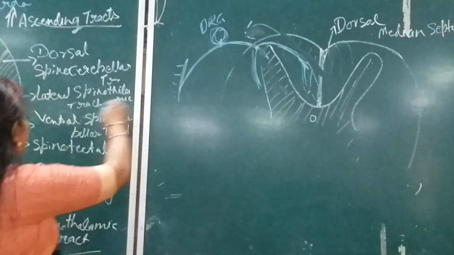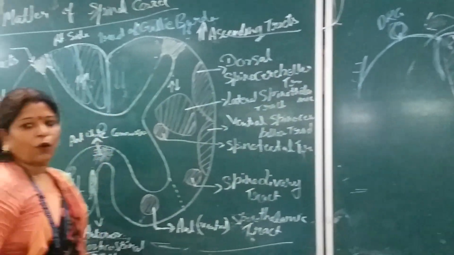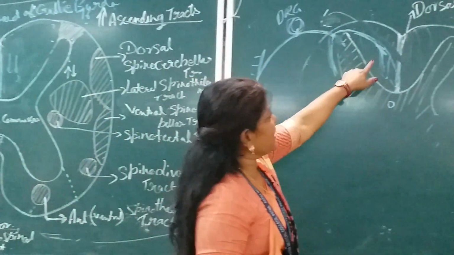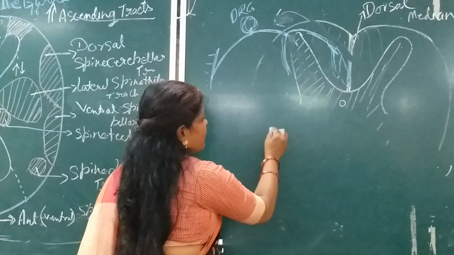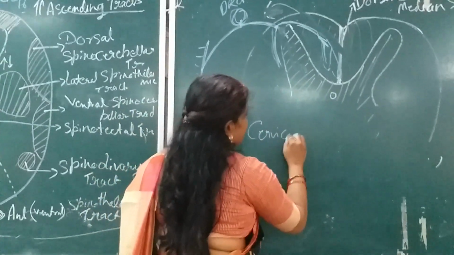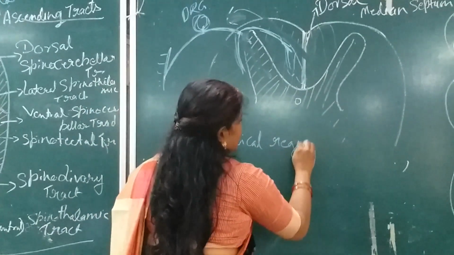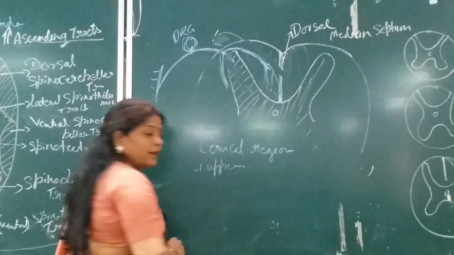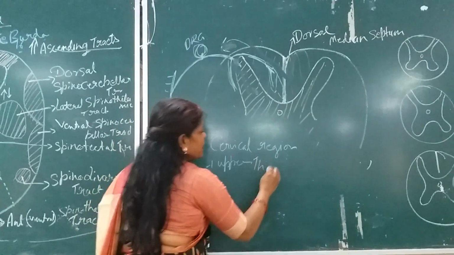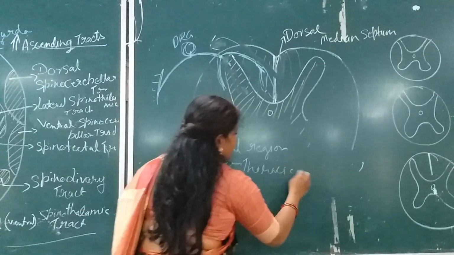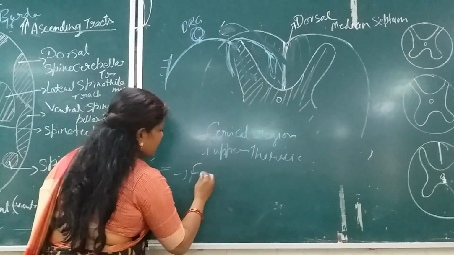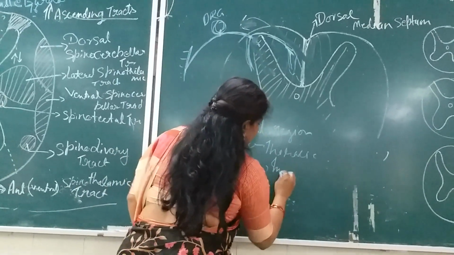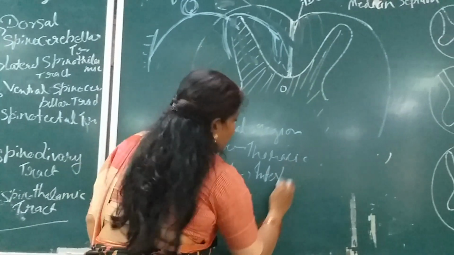So, the descending fibers in the dorsal column, look here, the descending fibers of this medial division are present mainly in the cervical and the upper thoracic region, and what is it named as? It is named as fasciculus interfascicularis.